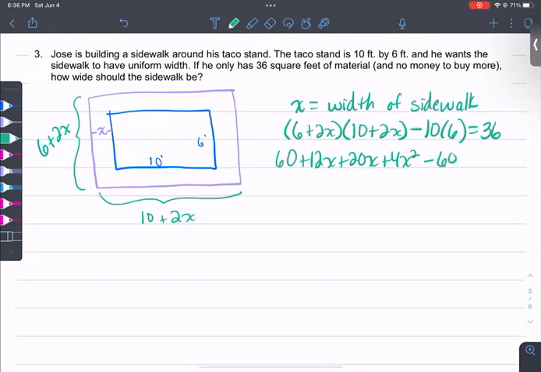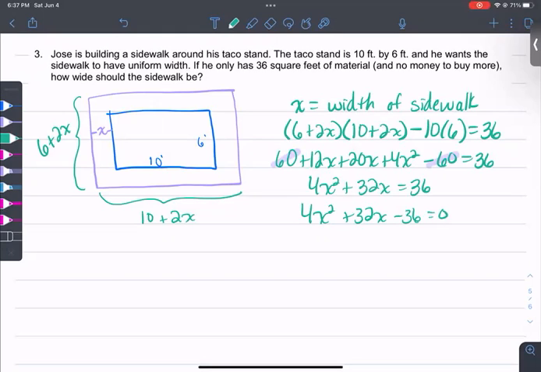And then minus 10 times 6 is 60. It's 36. Combining like terms on the left side, this 60 and minus 60 actually cancel out. So I would have 4x squared plus 32x equals 36. And then I want it to be set equal to 0. So I'm going to subtract the 36 from both sides.